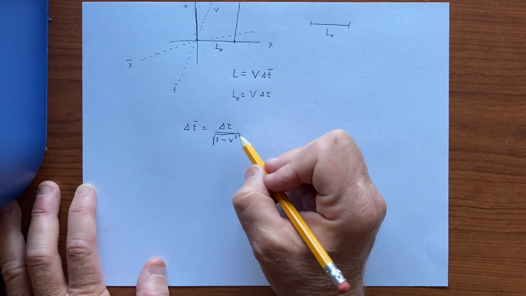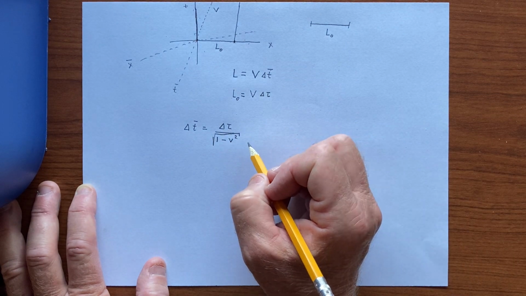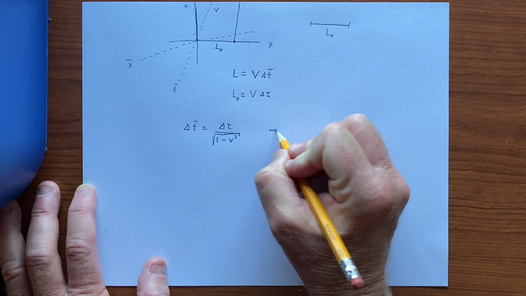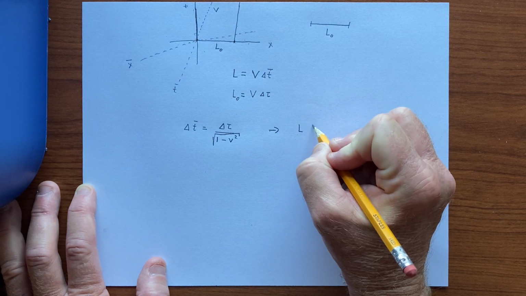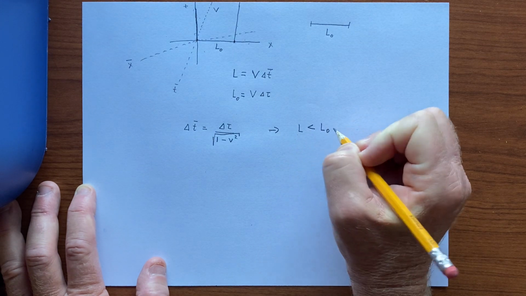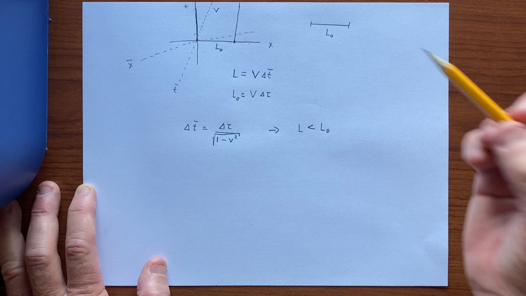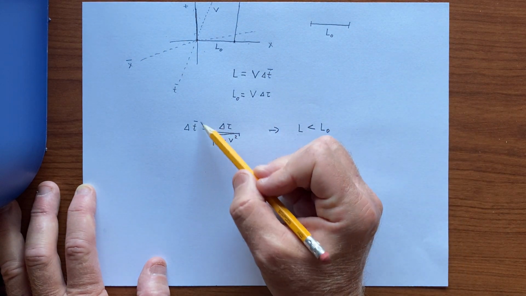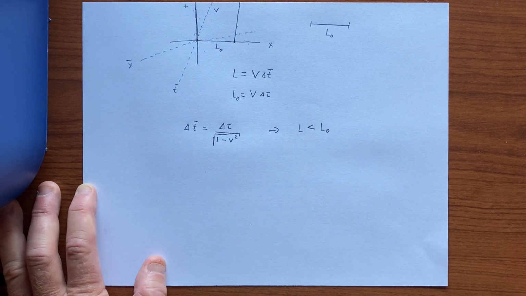So time is dilated, so fewer ticks are recorded, and therefore it follows that L has to be less than L naught, right? Because we have fewer ticks, delta t bar, because delta t bar is dilated with respect to delta tau.